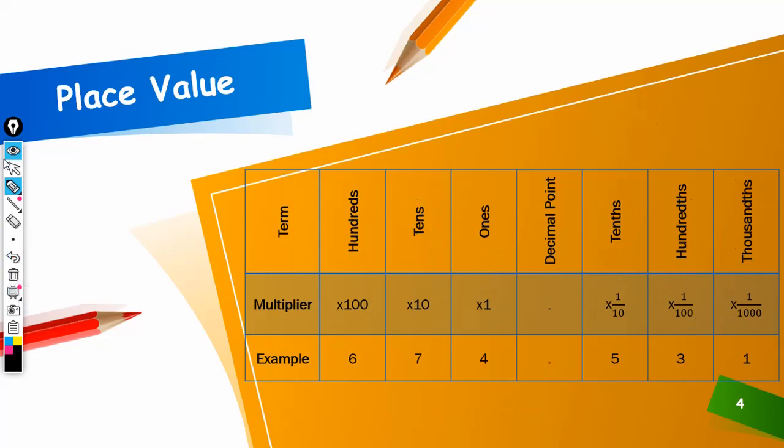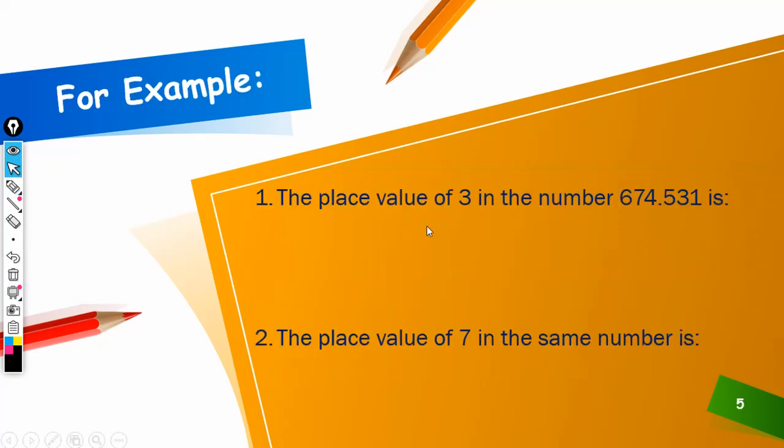Now let's see the example. The place value of 3 in the number 674.531 is, let's see.